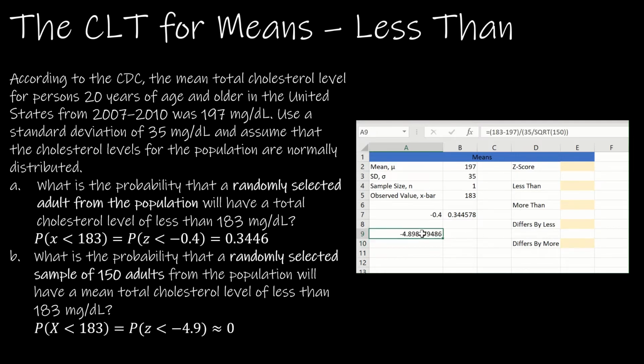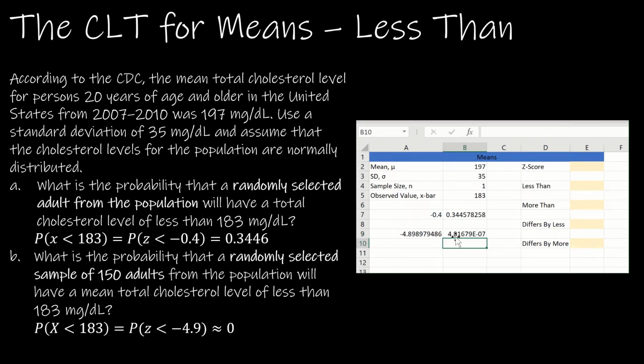So remember, that is now negative 4.89. That was our z-score. But I'm going to do this the exact same way. Of course, you're going to do that right now. And that's going to be a 9. And again, we end up with that very, very small number.